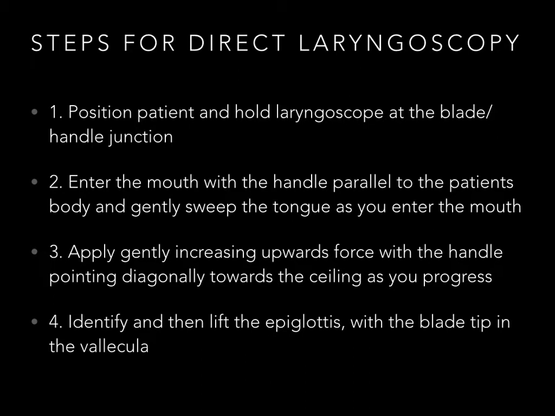I find it's not usually successful anyway. You then apply gently increasing upwards force with the handle, and the handle's now pointing diagonally upwards towards the ceiling as you progress around. You should identify, hopefully, and then lift up the epiglottis with that force going along the line of the handle with the blade tip in the vallecula.